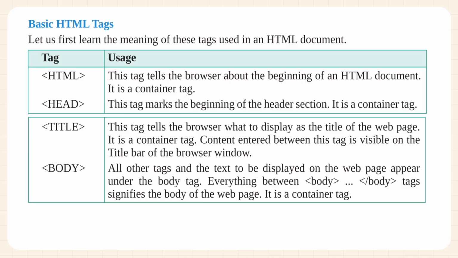This tag tells the browser what to display as the title of the web page. It is a container tag. Content entered between this tag is visible on the title bar of the browser window. Body. All other tags and the text to be displayed on the web page appear under the body tag. Everything between the body tags signifies the body of the web page. It is a container tag.